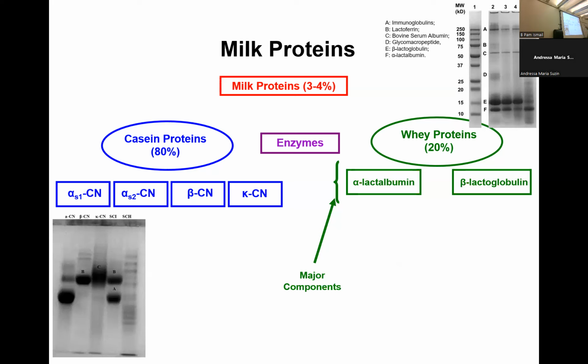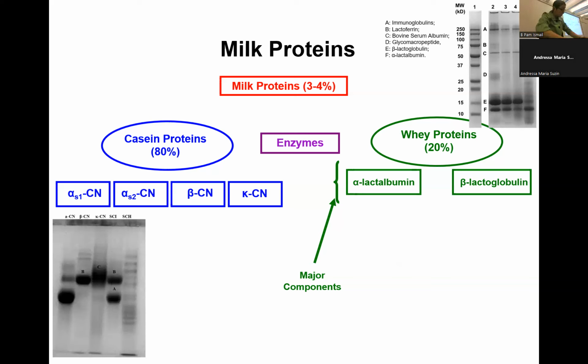But we also see immunoglobulins up there. We have some lactoferrin, and then we have the bovine serum albumin and the glycomacropeptide. So this is whey protein separated by membrane that usually comes from after production of cheese.